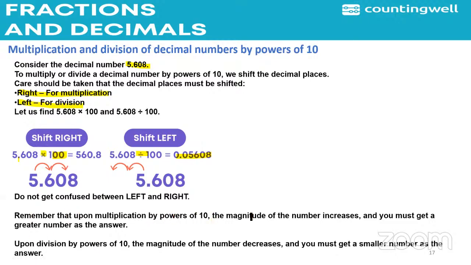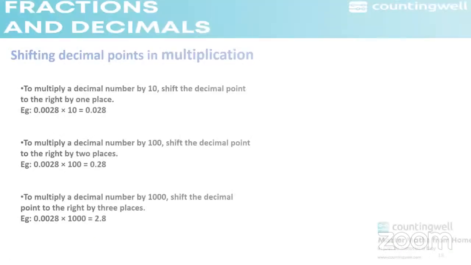Upon multiplication by powers, the magnitude of the number increases and you must get a greater number as the answer. So note that when you're multiplying by 100, instead of 5.6, you're getting a larger number. And when you are dividing, you're getting a smaller number than the given number. So 5.608 here, and we have 0.05 here.